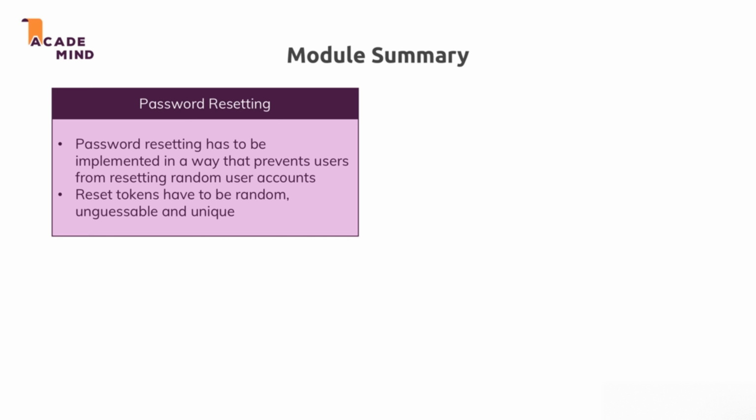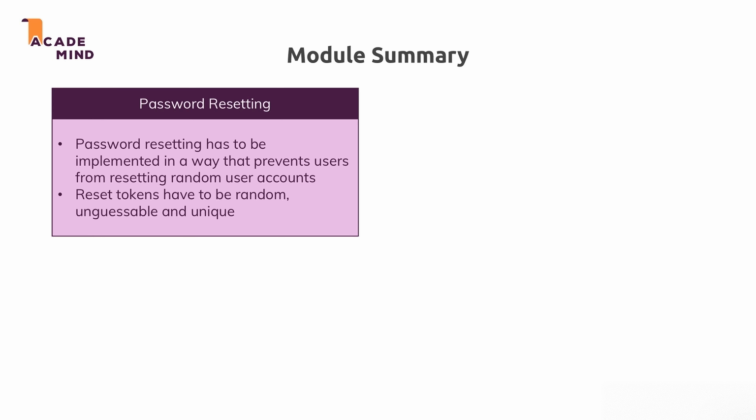And therefore, our reset token is a great mechanism to identify the user for whom we want to reset the password. The token has to be generated in a way that is random, unguessable, at least in a reasonable amount of time, hence the expiration date, and unique. And in this module, we implemented a token in exactly that way.